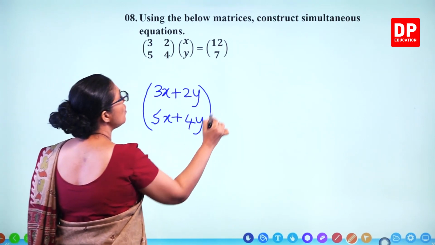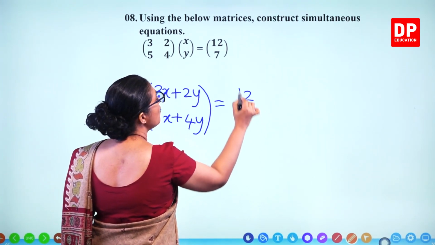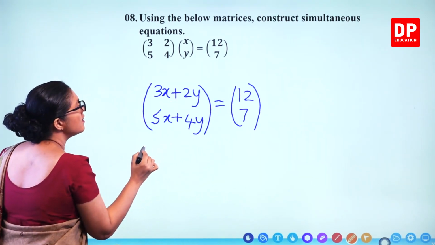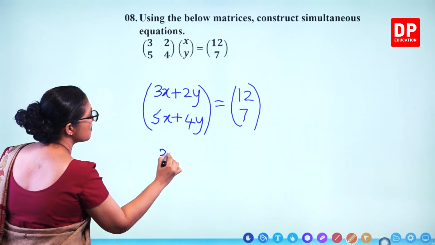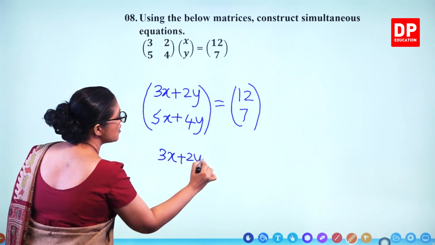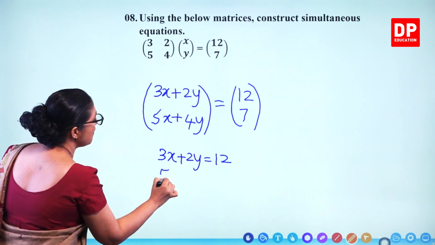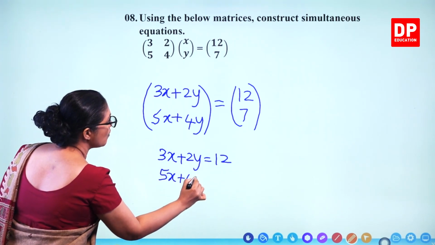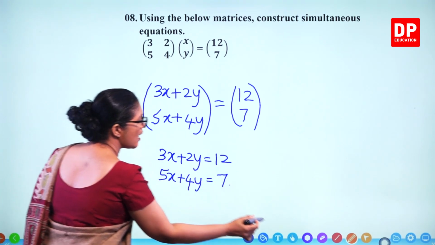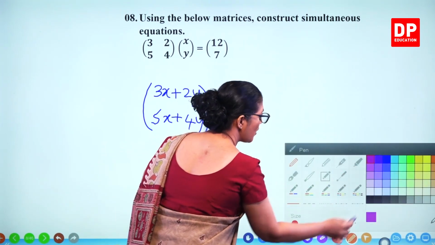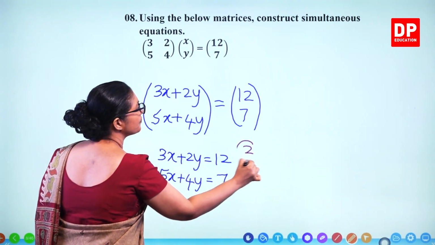That's equal to 12 and 7. Now we can equate the separate ones. So 3x plus 2y equals 12 and 5x plus 4y equals 7. So those are the two equations. So you get 2 marks for that.